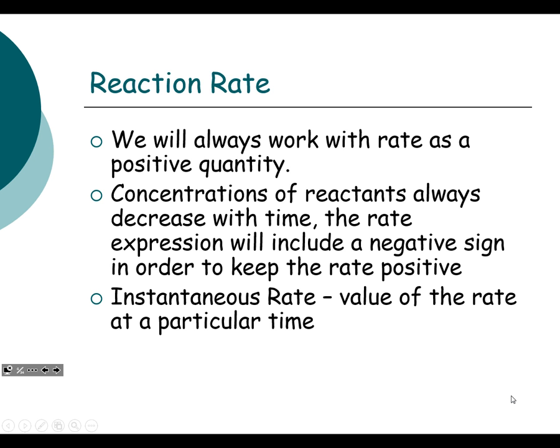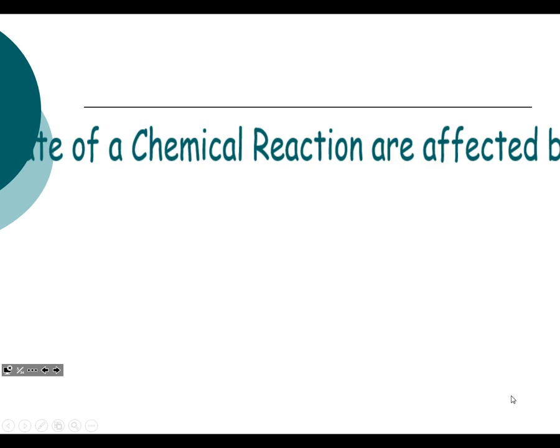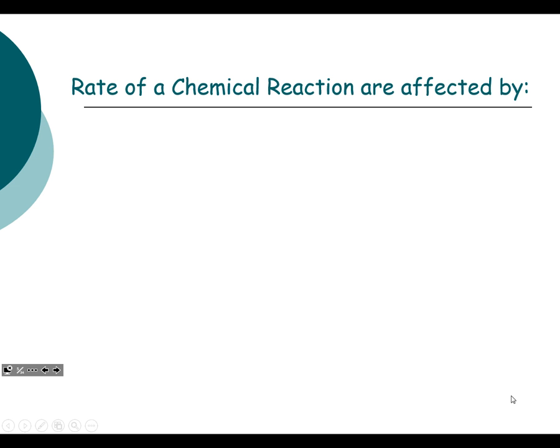What we'll be looking at, though, is typically instantaneous rate or initial rate, the value of the rate at a particular time. We don't dive too deeply into the reaction. We want to look at it at a very brief moment in time. When we were looking at how we can impact the rate of chemical reactions, what are they affected by?